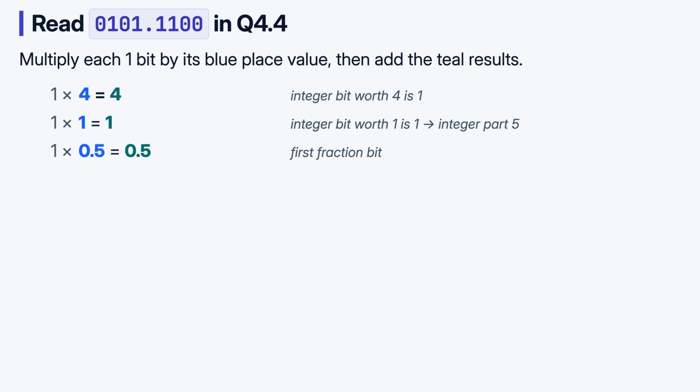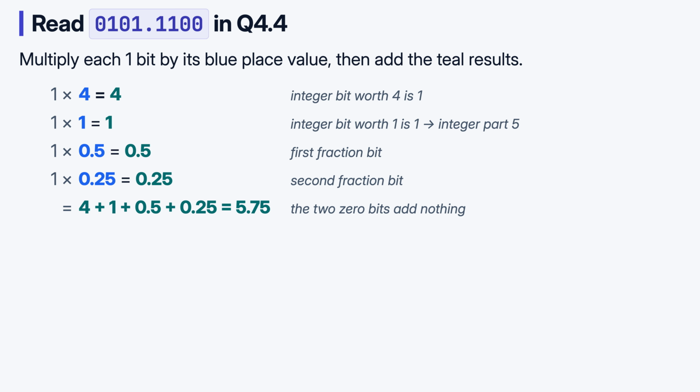The first fraction bit is worth 1/2, and it is 1, so it adds 1/2. The second fraction bit is worth 1/4, and it is 1, so it adds 1/4. The last two fraction bits are 0, so they add nothing. Add the contributions. 4 plus 1 plus 1/2 plus 1/4 is 5.75. That is the value this pattern holds.